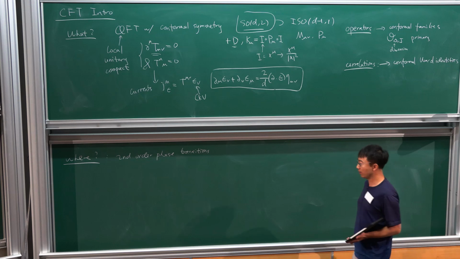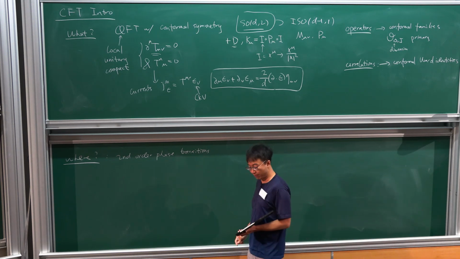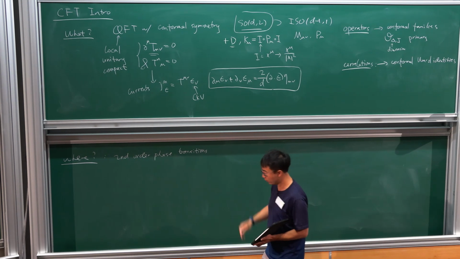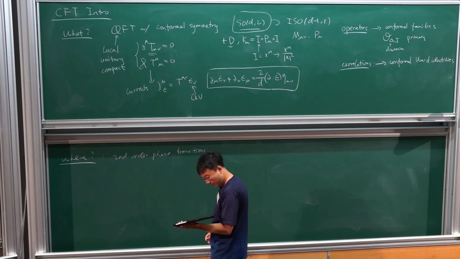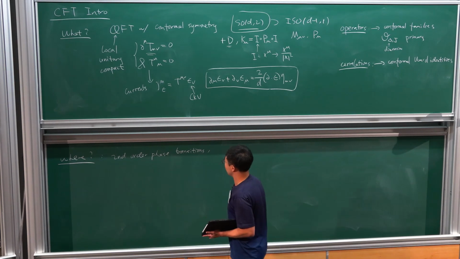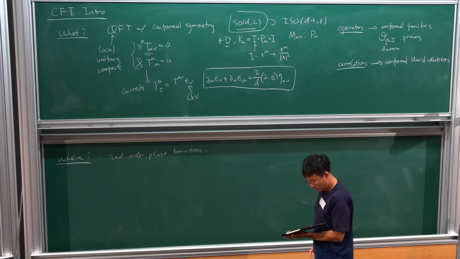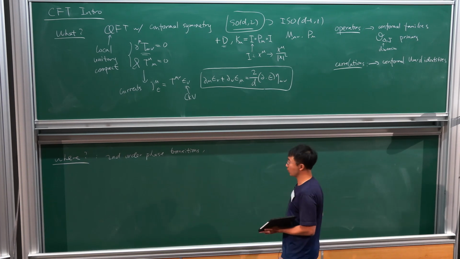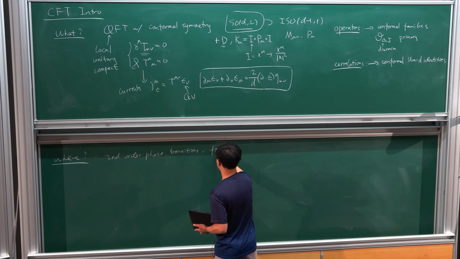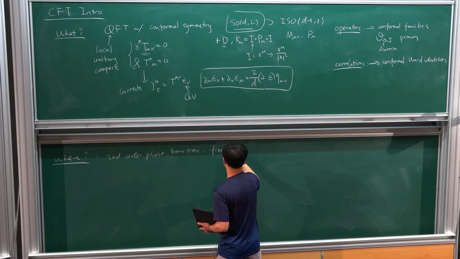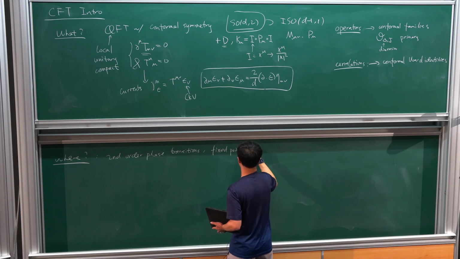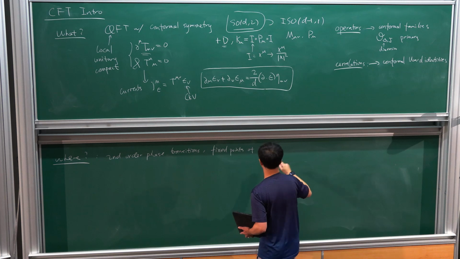And these are quite universal, happening even as ubiquitously as in the case of boiling water. And in the quantum field theory context, this conformal field theory also arises as fixed points of renormalization group flows.